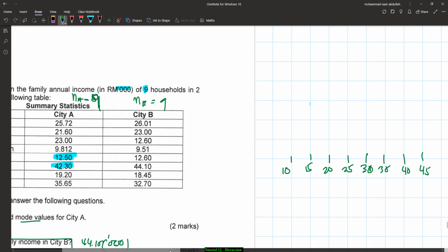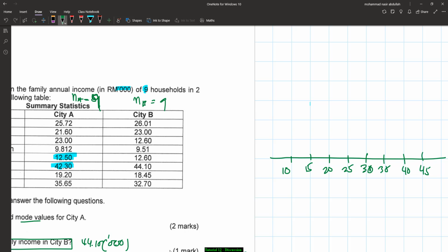Okay, let's draw a line here. Right. So 12.5 should be somewhere here. It should be in the middle. Right, in the middle here. This is the minimum value. And the maximum value 42.3 should be somewhere here. So this is the minimum value and this is the maximum value for CTA.